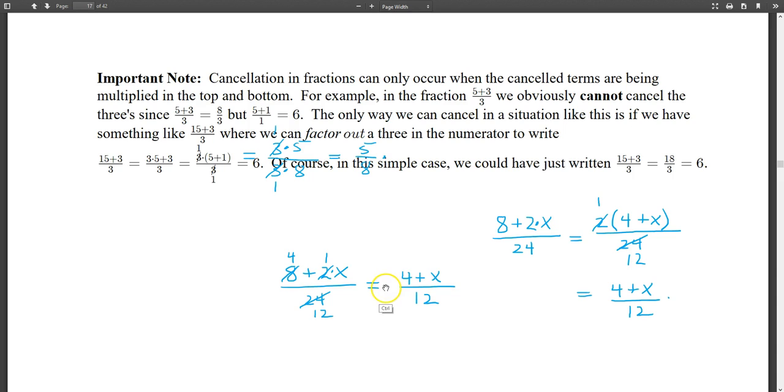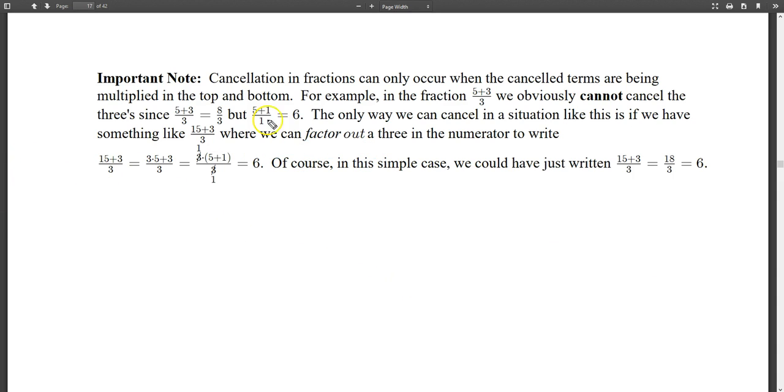Now we mentioned something here about being careful when you're canceling terms. If you have something like 5 plus 3 divided by 3, this is what we just ran into in the previous example. If you have 5 plus 3 divided by 3, you cannot cancel those 3's.